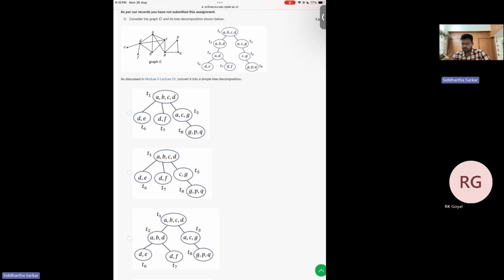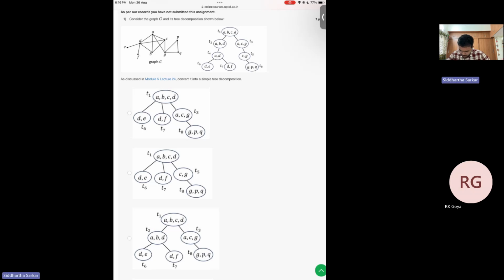The important thing is, first, in the option we have to check whether there are two bags where one is a subset of the other. But in addition to that, we also have to ensure that the tree decomposition is valid. One can do that with some trial and error. For example, let's say I'm looking at option one.